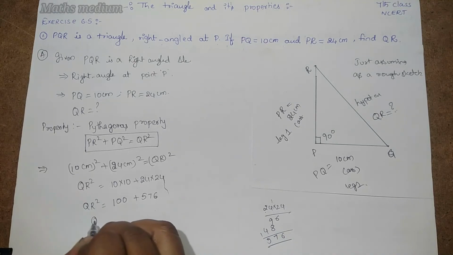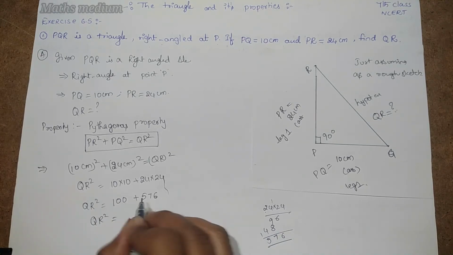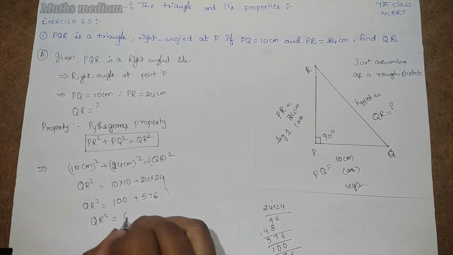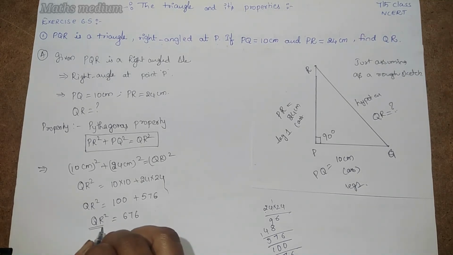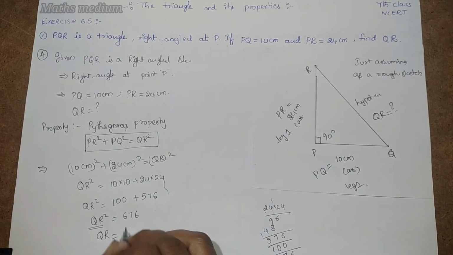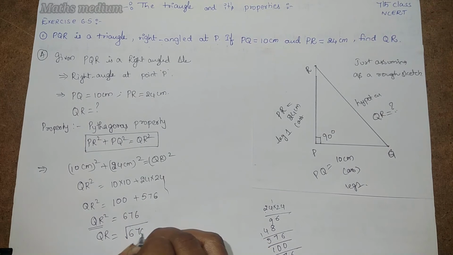Now QR square is equal to 100 plus 576. Here 676. In order to get QR only, QR is equal to the root over 676.